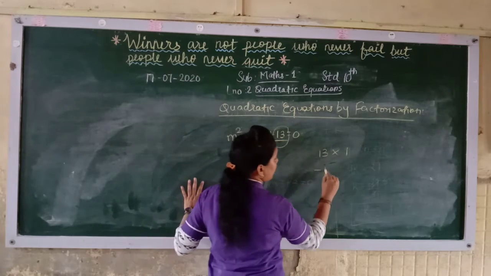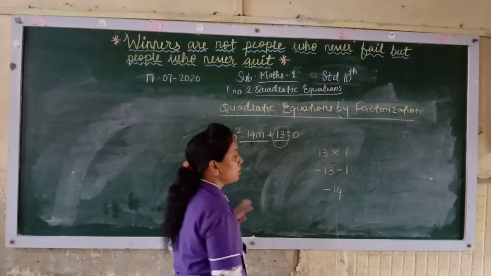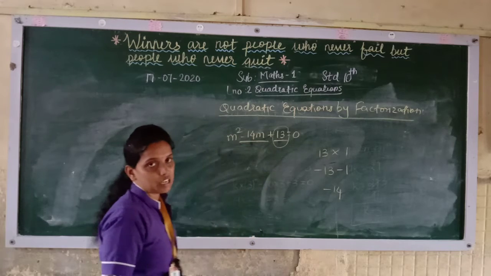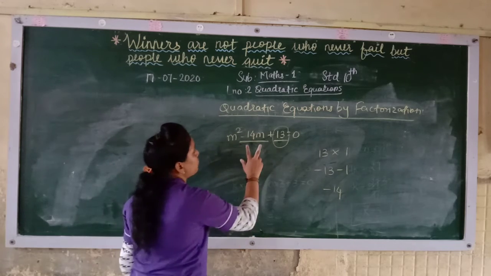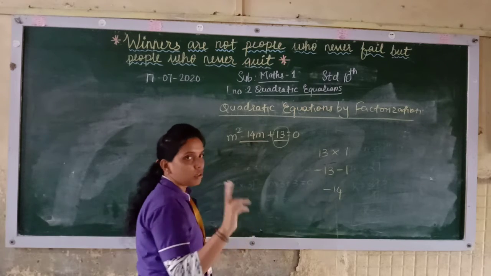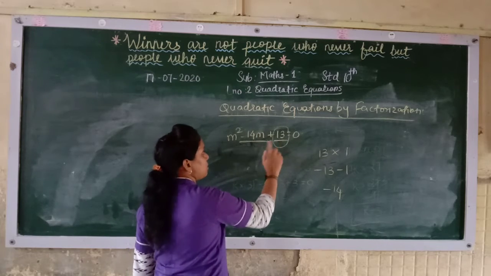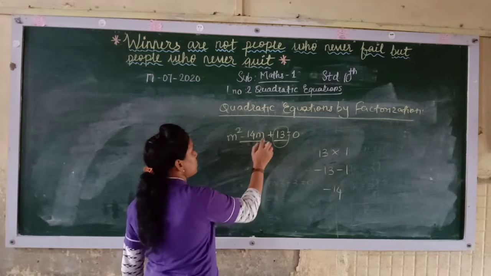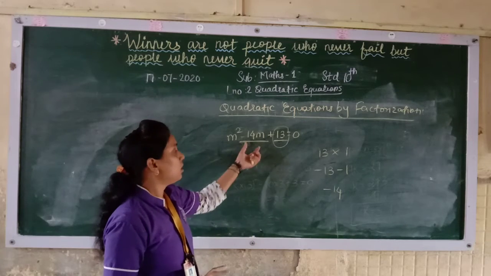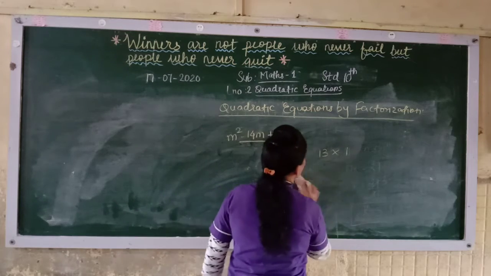So here if you take minus 13 and minus 1, you will get minus 14. And the same numbers, if you multiply, you should get the last term. So remember, first see the middle term. You have to search two numbers such that if you multiply, you will get the last term, and if you add, you should get the middle term.